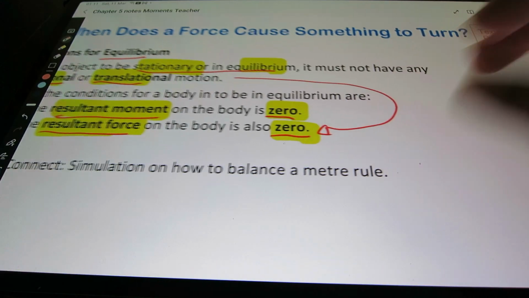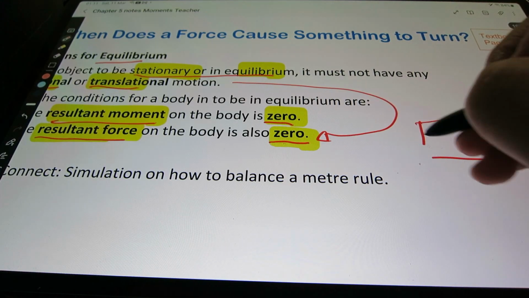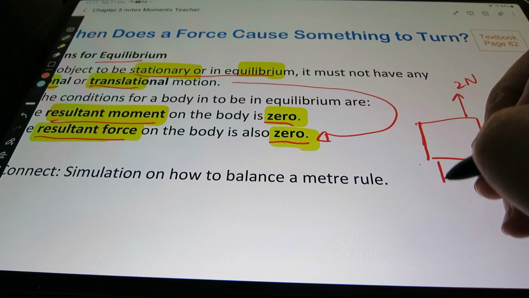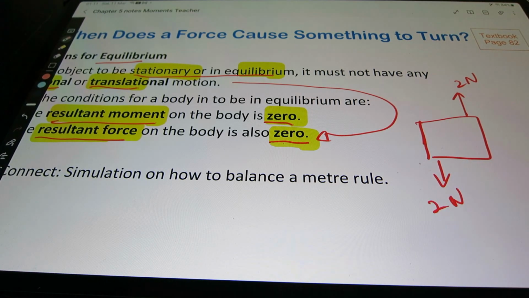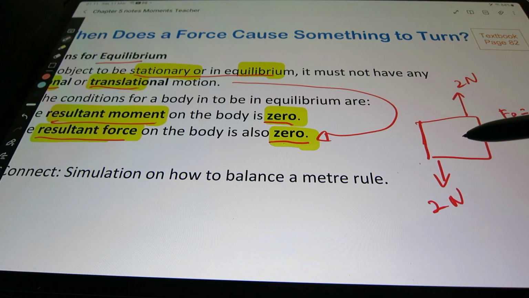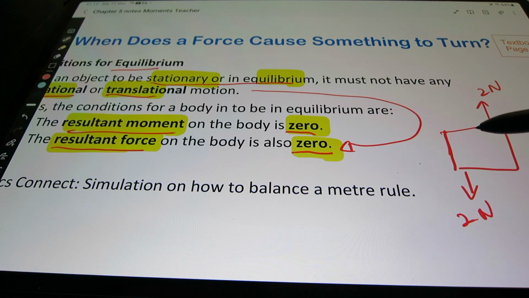If I have an object like so, I exert a force upwards of 2 newtons, and I exert a force downwards like that, 2 newtons. If I look at the forces, the resultant force is going to be 0 newtons. But is the object going to rotate?